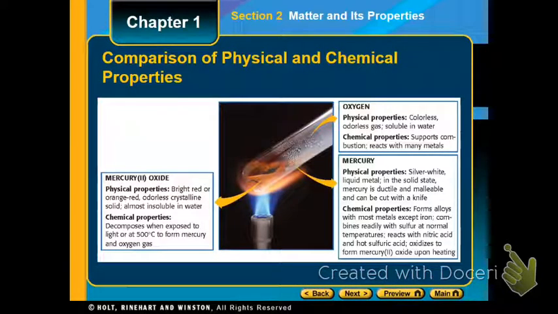Here's another example where they are taking mercury 2 oxide, that is that brownish red substance that is in the test tube, and they are heating it up. When they heat it up, the mercury 2 oxide compound breaks down into oxygen gas and solid mercury. So oxygen gas will release up the test tube.